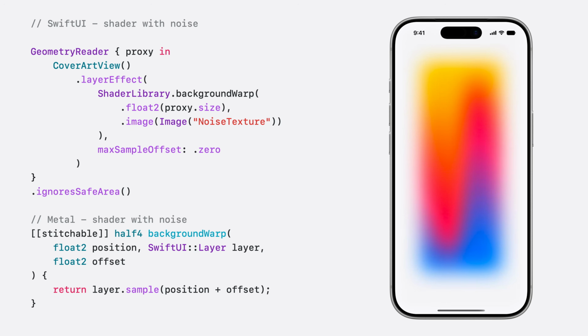For organic variation, I use a noise texture, a pre-computed image of smooth random values. This time, on the SwiftUI side, I pass the view size alongside the noise texture and the image parameter. And on the Metal side, the image arrives as texture2d.